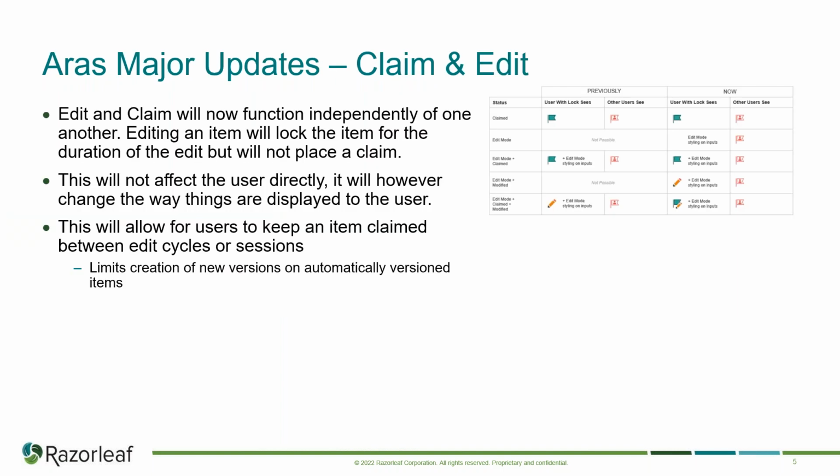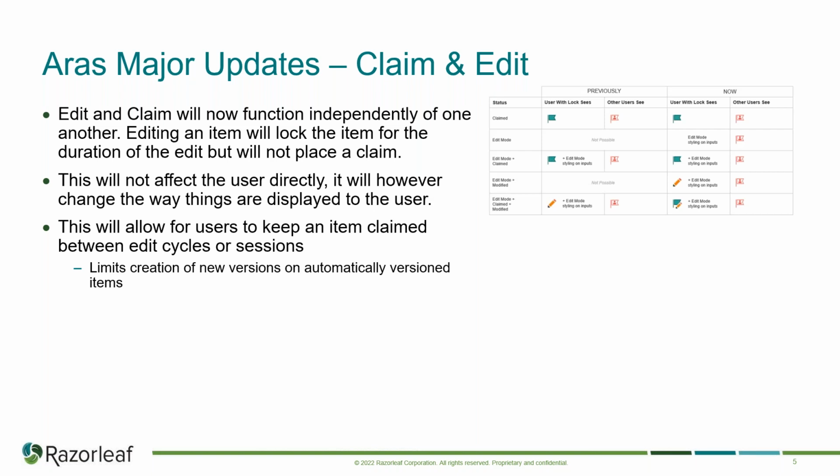So getting into some of these key functionalities that are added, such as the claim and edit functionality. So edit and claim are now completely independent of one another. So editing an item will lock the item for the duration of the edit, but will not exactly place a claim over the item. This won't necessarily impact the user directly, but it will, however, change the way things are displayed to the user.